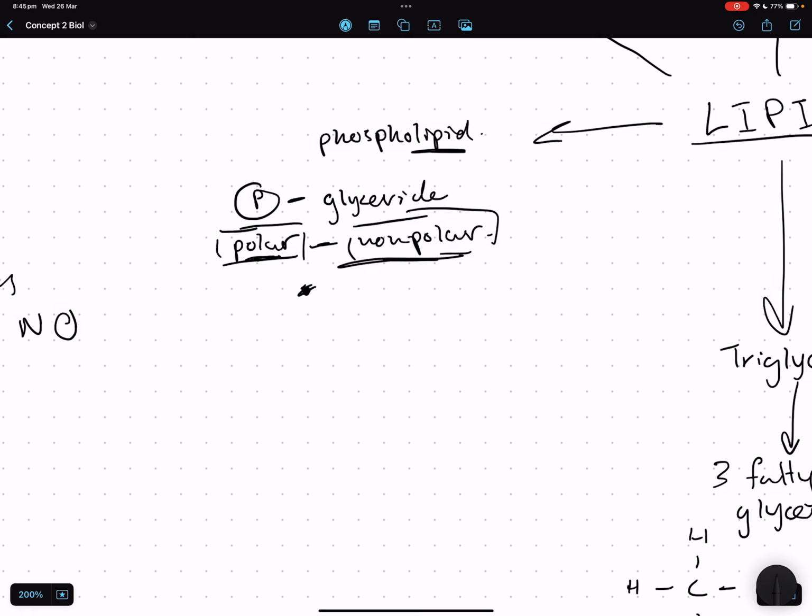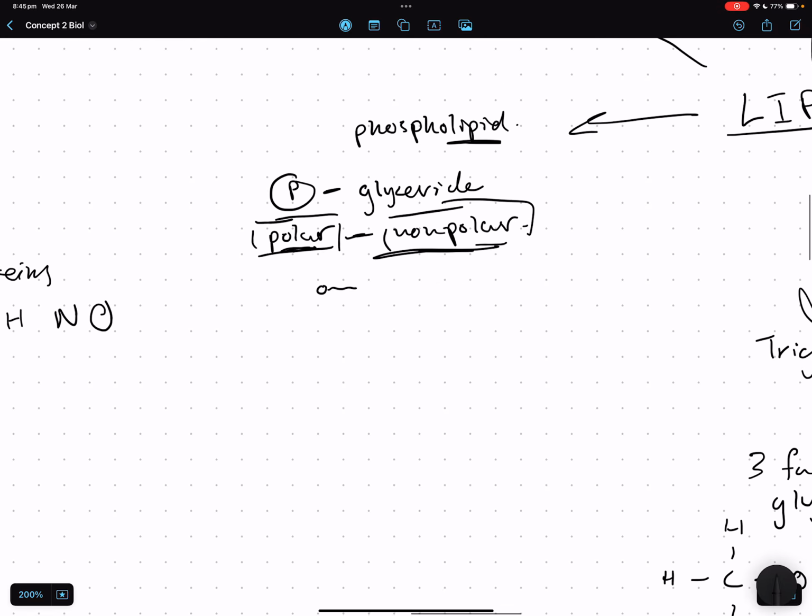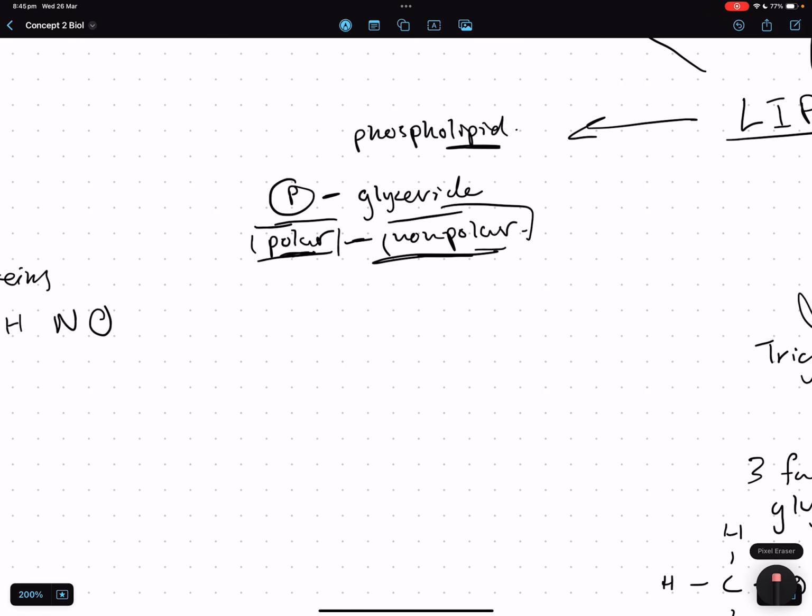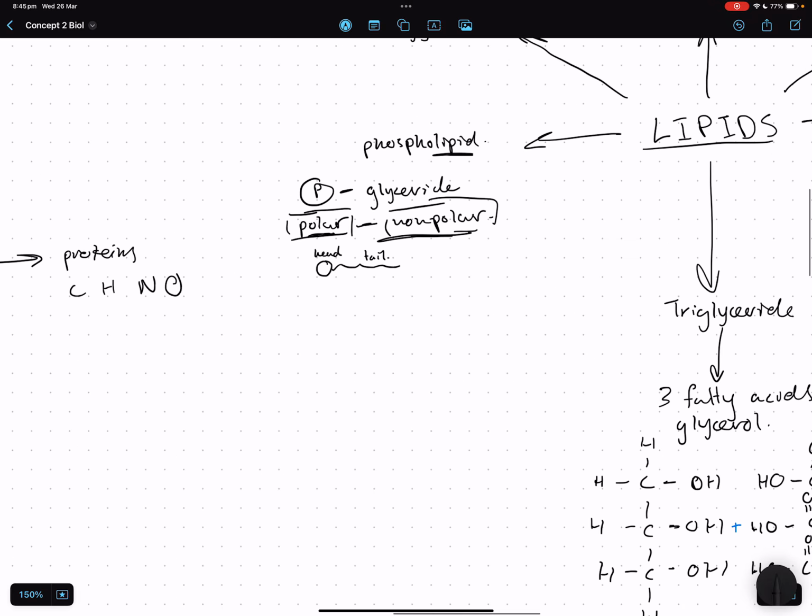When I draw this, there's the head and the little tail. In water, which is a polar substance, there's going to be this meshing. The heads go here.